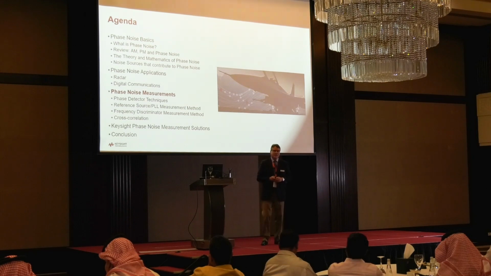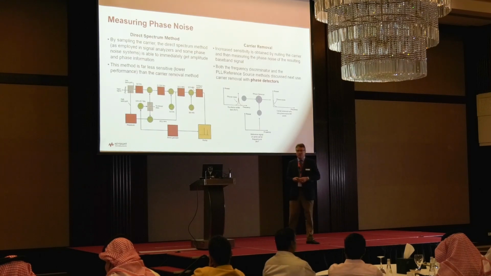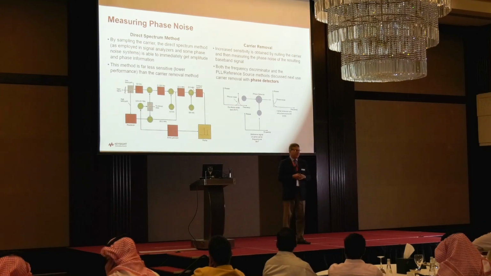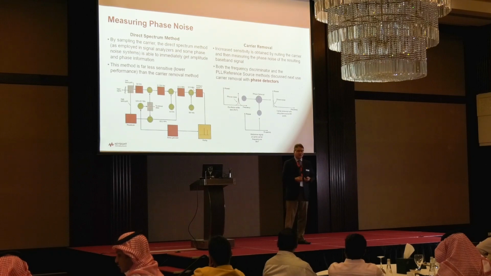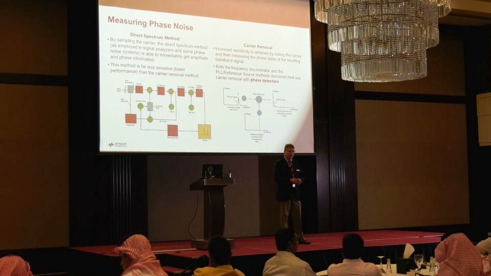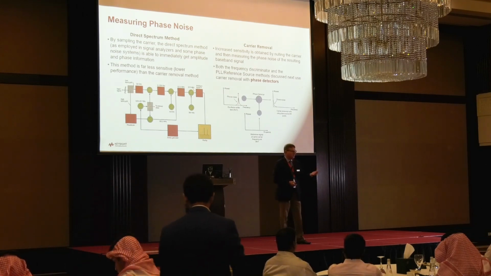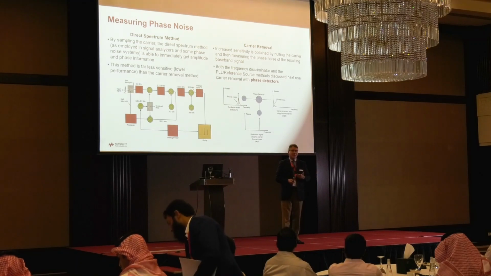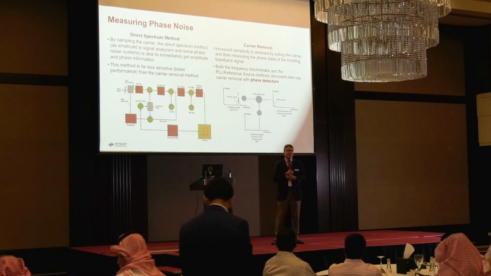Okay, so now getting into how do we actually build receivers to be able to measure phase noise. There are two major approaches, and the most common one, and the one that I've used to show you these graphs, is using a spectrum analyzer. It's called the direct spectrum method, and we literally are just feeding the signal of interest right into a spectrum analyzer. This is a superheterodyne system.